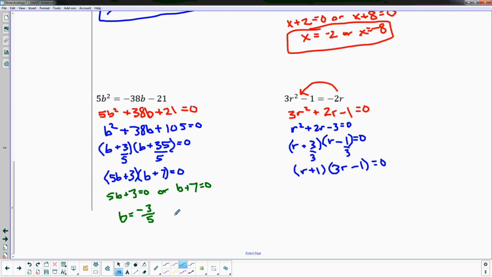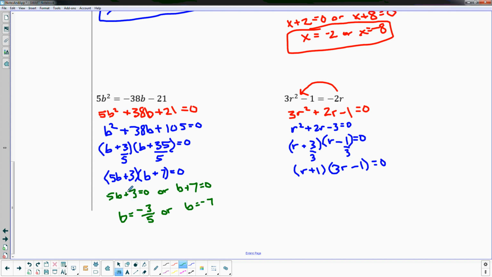Again, I'm not writing those steps, but hopefully you can follow with me on those. And then b plus 7 equals 0 just means that if I subtract 7 from both sides, b is going to be -7.